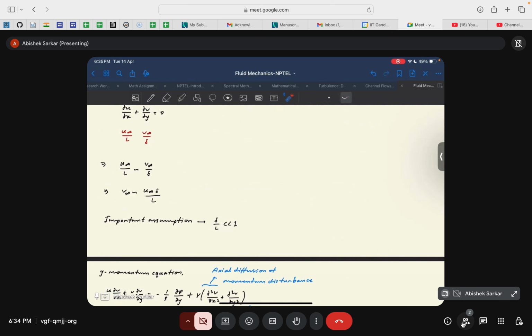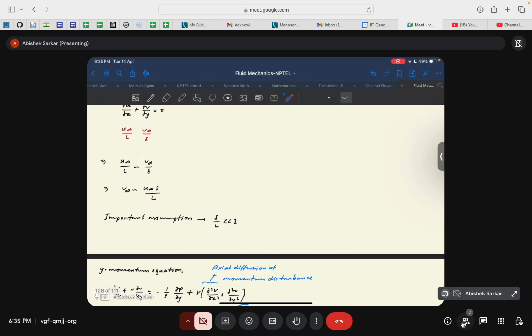So v infinity has a scale much smaller than the variation of the velocity along the x direction, that is u infinity. So basically v infinity is much lesser than u infinity. That's one of the conclusions that we get from the scaling analysis of the continuity equation, or mass conservation.